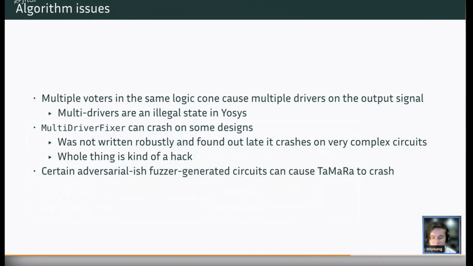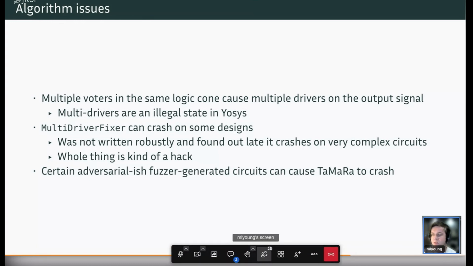So that should ideally be rewritten. And there are test cases that fuzzers will find that I describe as adversarial in that they're kind of insane. Like, why would you write RTLIL like that? But nonetheless, they cause the algorithm to crash, which is valid and needs to be fixed.